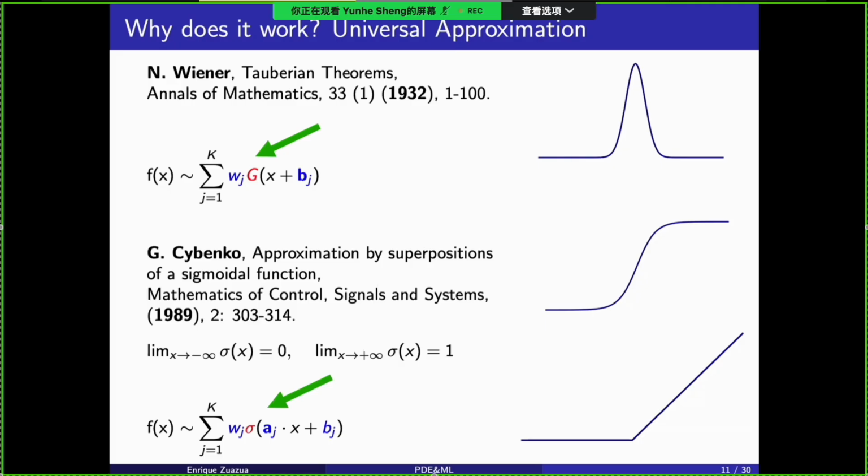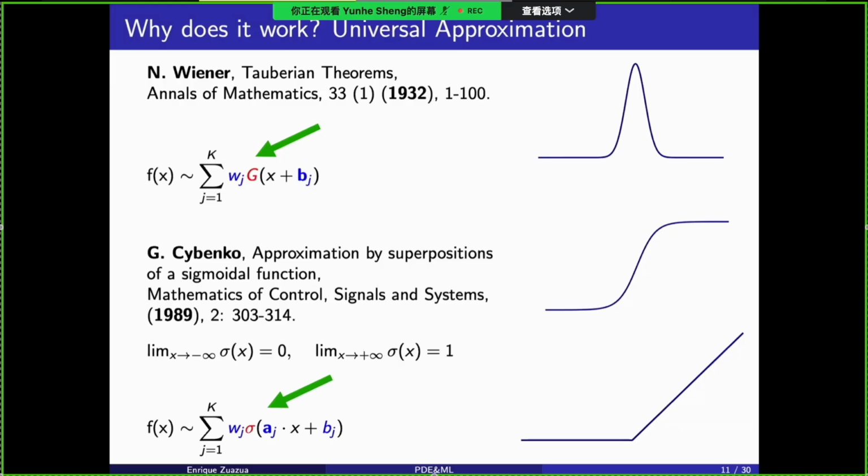Now, when Wiener did this, probably he was not thinking on this, but with this, we inaugurated the area of nonlinear approximation models. Why do I say that this is a nonlinear approximation model or process? Why do I say it's nonlinear?